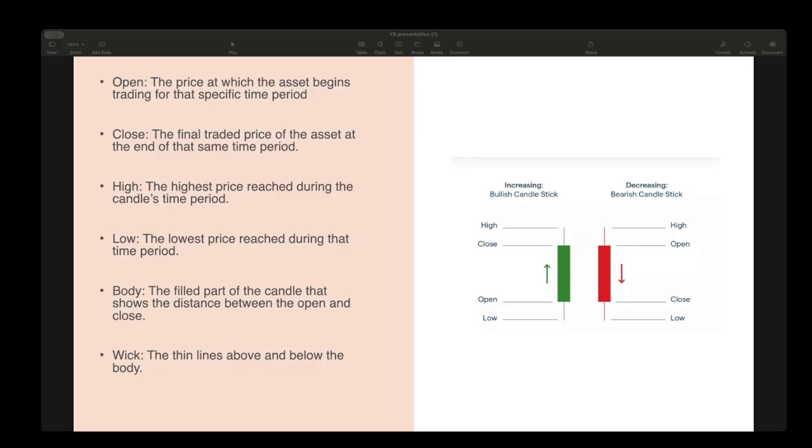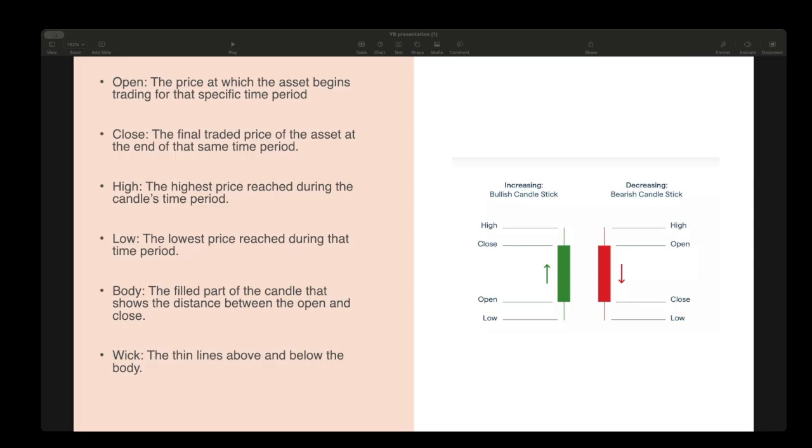I personally use hollow candlesticks, which basically means that there's a slight difference between them. The difference is that when a candle is green hollow, right, it means that price closed above previous day's close and above today's open, right? That's a hollow green candlestick.